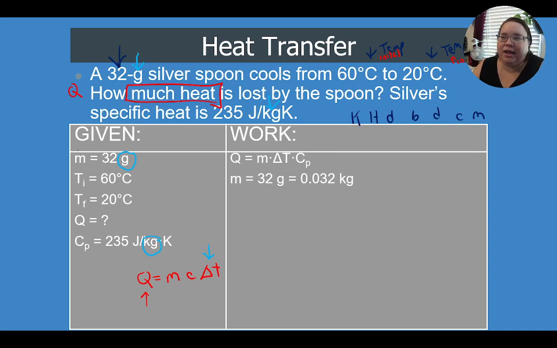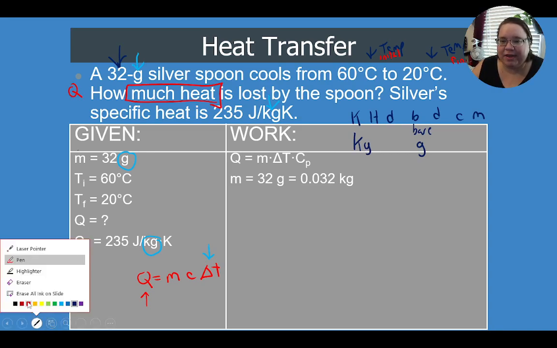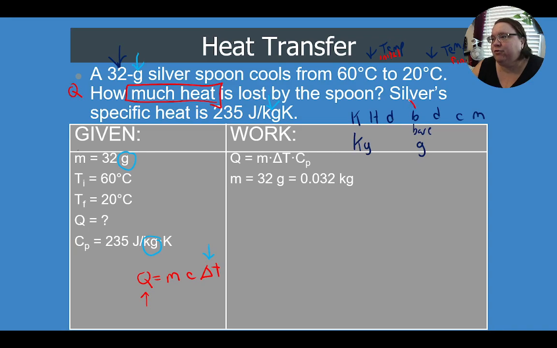That was a mnemonic to allow you to convert from base units, which would be grams in this case, to other prefixed metric units like kilograms. In order to go from my base to my kilo, I've got to move my decimal 1, 2, 3 places to the left.